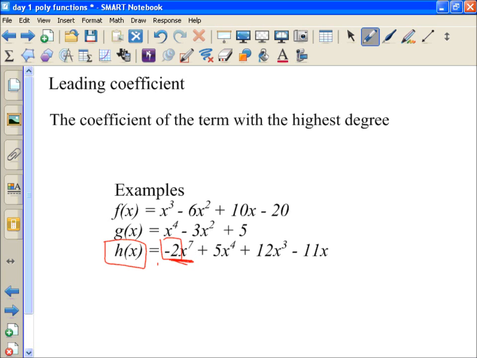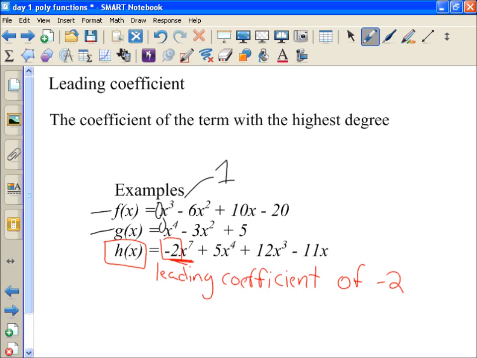So we would say this has a leading coefficient of -2. Both f of x and g of x have a leading coefficient of 1. And we're not going to be so much concerned today with what the number is, merely whether that leading coefficient is positive or negative.